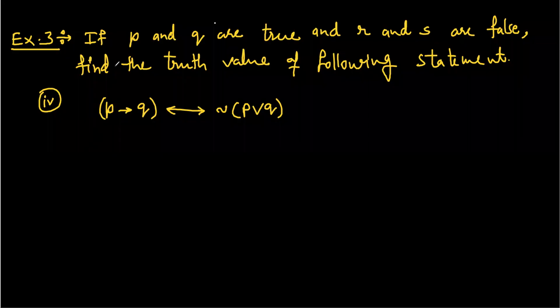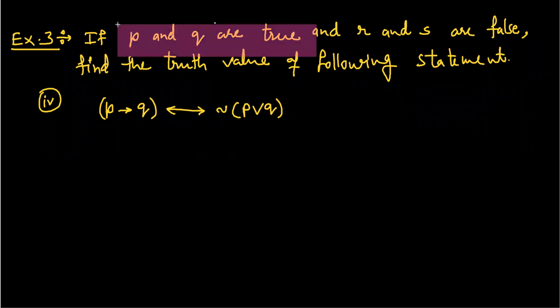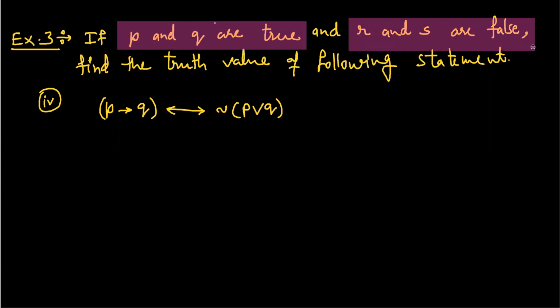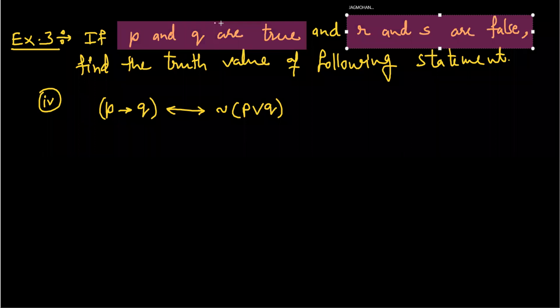So let's have one more question here. In this, what we notice is there is a question where we are given if P and Q have truth value true. See, it is written very clearly, if P and Q are true and R and S are false. It's given that R and S have the truth value false.